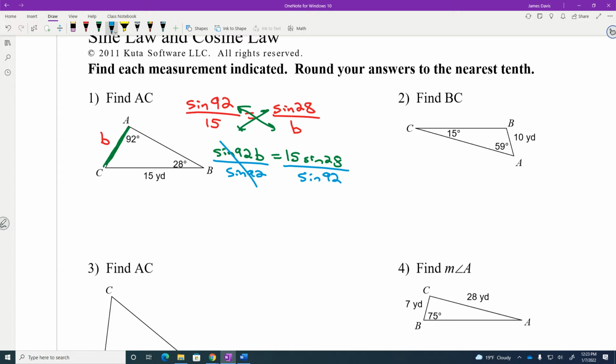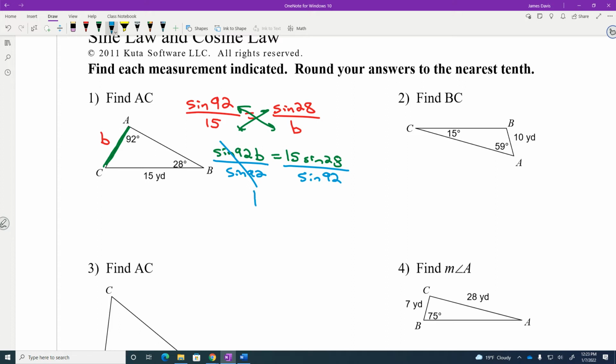You're supposed to round to the nearest tenth on these. All right, what did we get? 7.04 something.